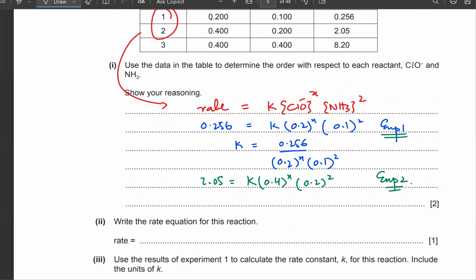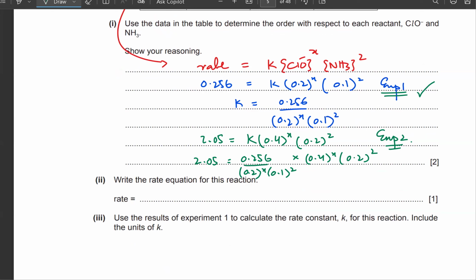Now I'm going to plug in the K value from the previous experiment. That gives me 2.05 equals K, which is 0.256 divided by 0.2 power x and 0.1 squared, into 0.4 power x and 0.2 squared. And then I'm going to rearrange everything.